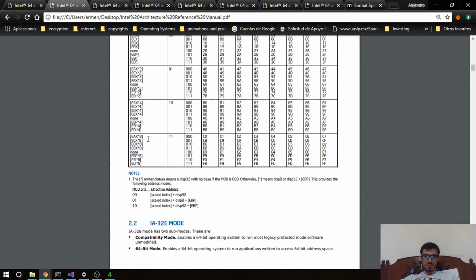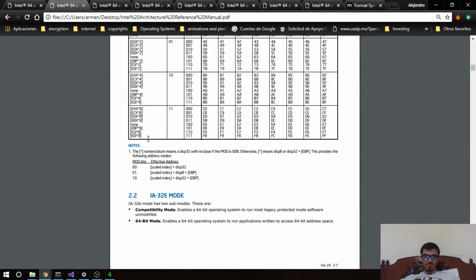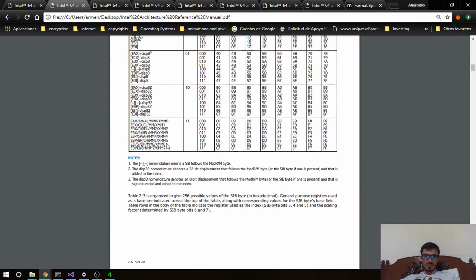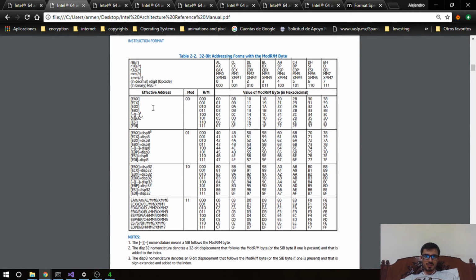Now, that means it's not totally crazy. It's just that we add the SIB at the first, because there's a scale index which basically tells us that, and we add some displacement.